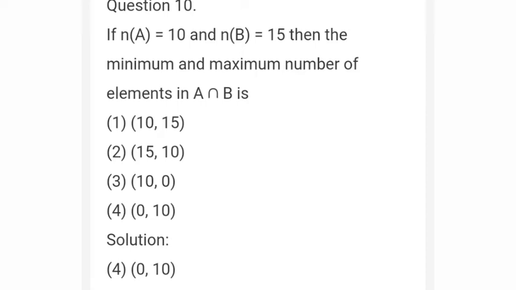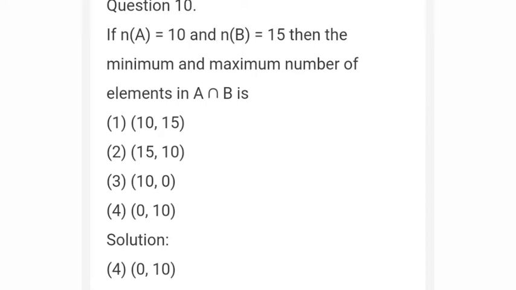Now take the intersection first. A is 1 to 10, B is 11 to 25. Do we have any common value? No. Therefore that is the minimum, and no common value means the empty set.